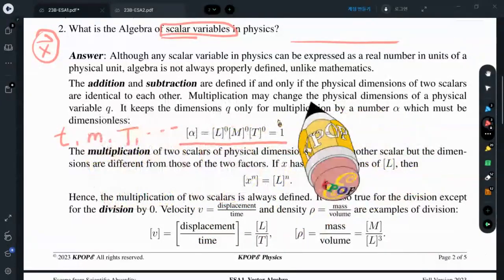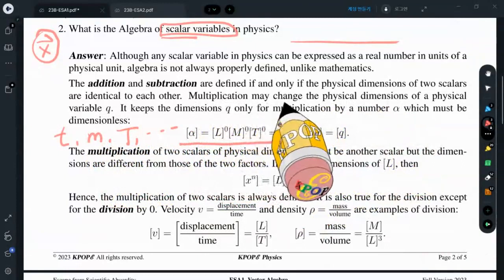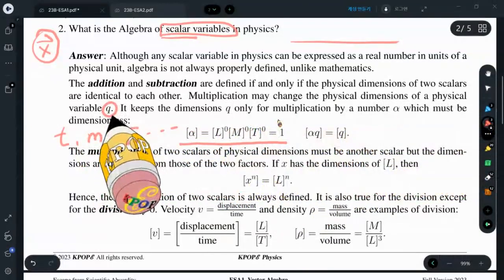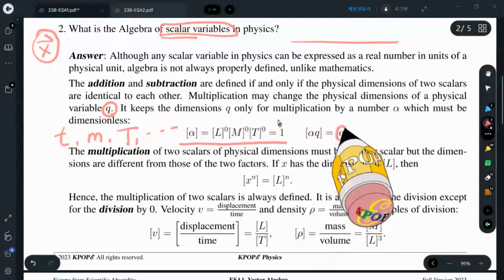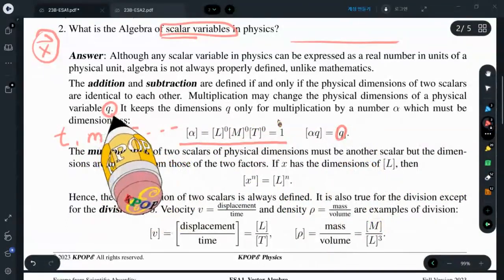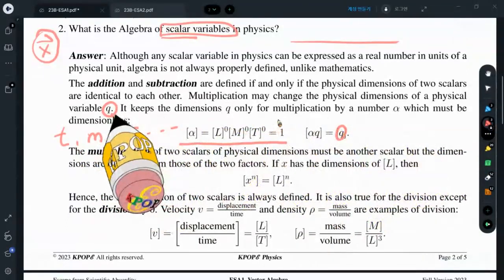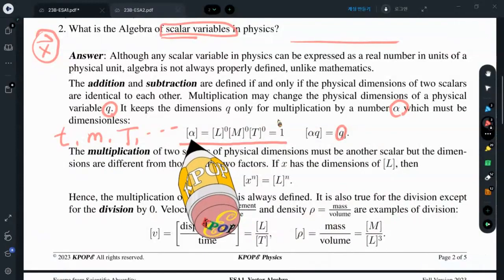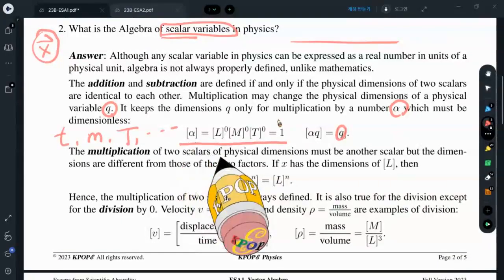So let's see. Multiplication may change the physical dimensions of a physical variable q. Okay, we have a q. And why don't we multiply this q by a number, alpha? Only if this alpha is a pure number.